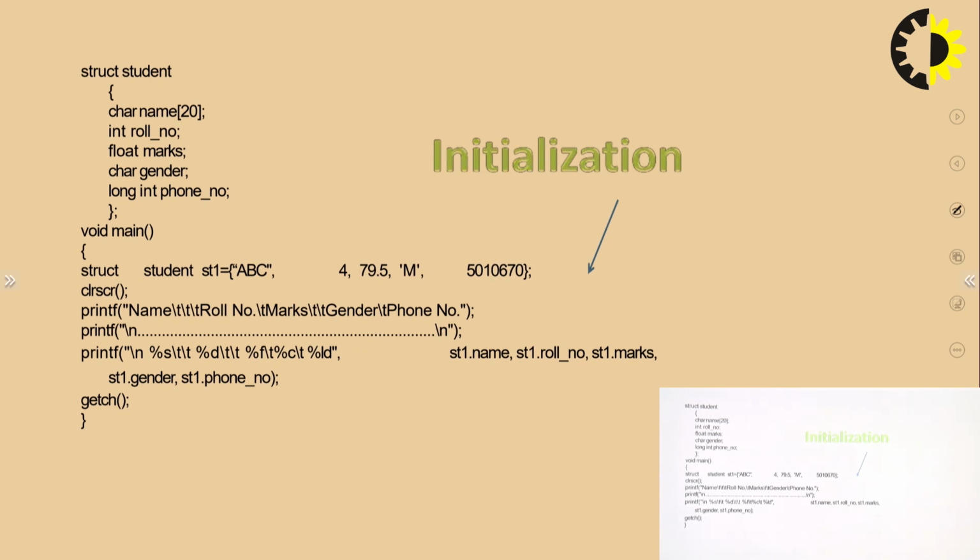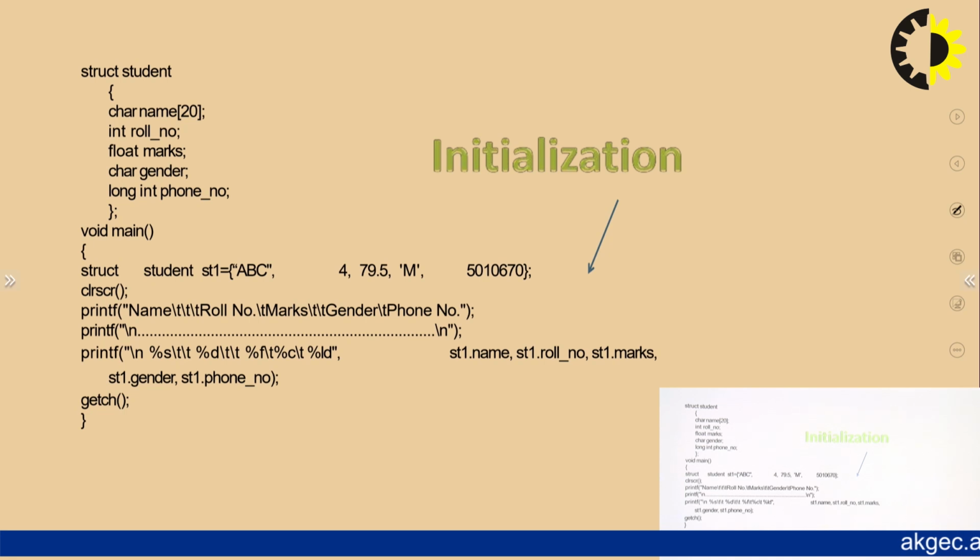Struct student: char name, roll number, marks, gender, phone number. Characters means a collection of characters, meaning name, meaning strings. Roll numbers are 25, 35, 75, that's why we are taking them as integers.